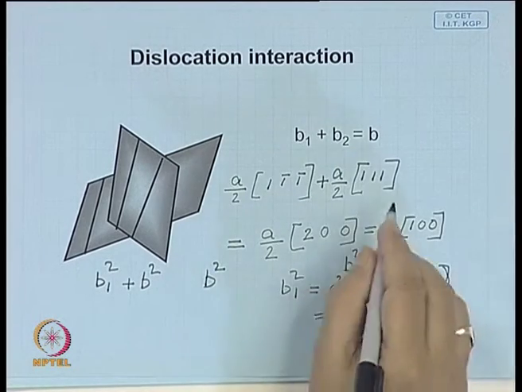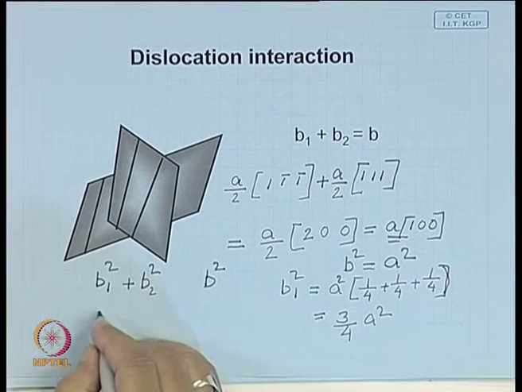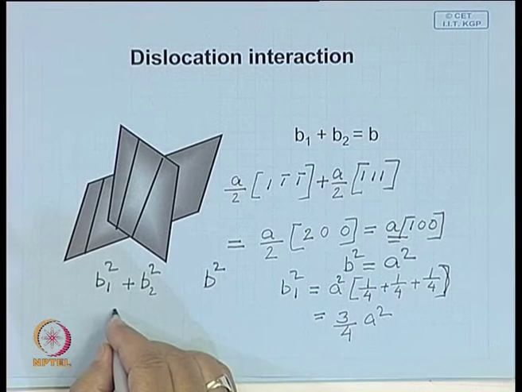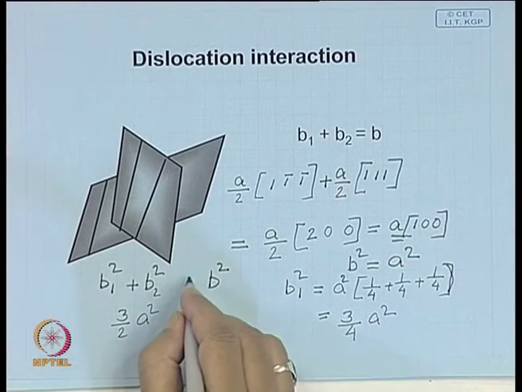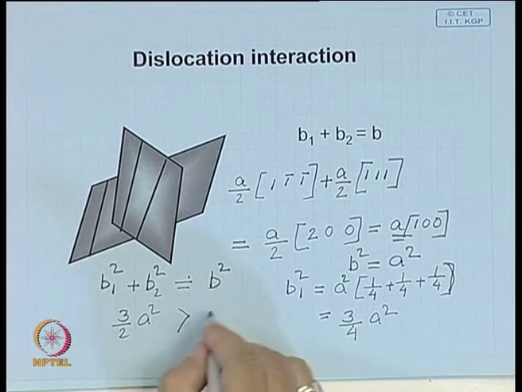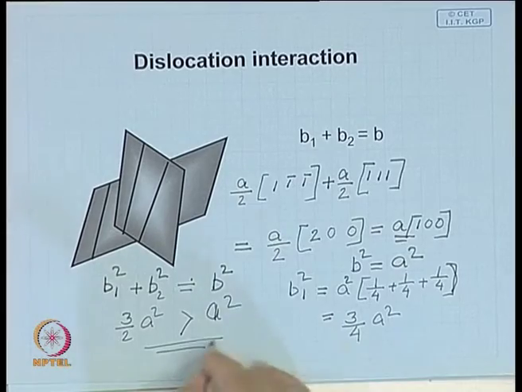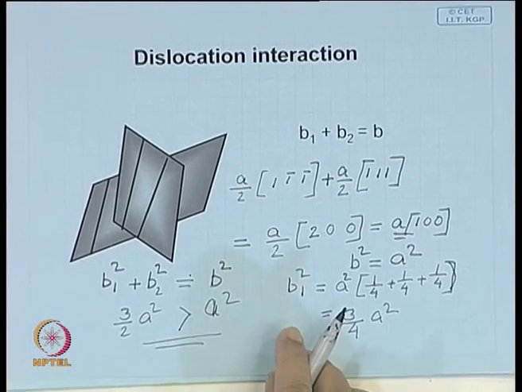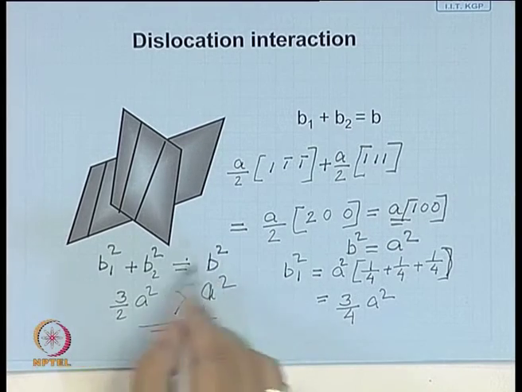There are two of these, so b1 square plus b2 square becomes 3/2 a square. That means this is greater than a square. So this type of reaction will be difficult to form, whereas the reverse is possible.